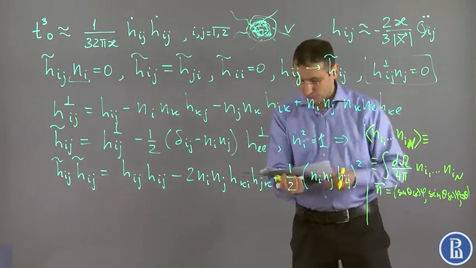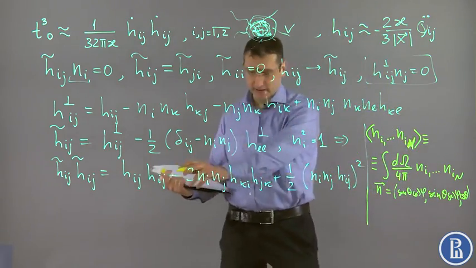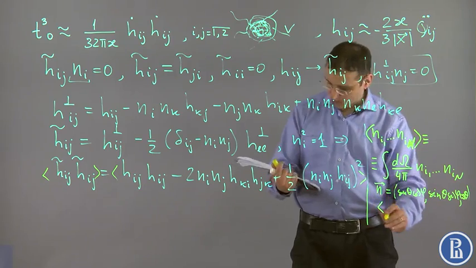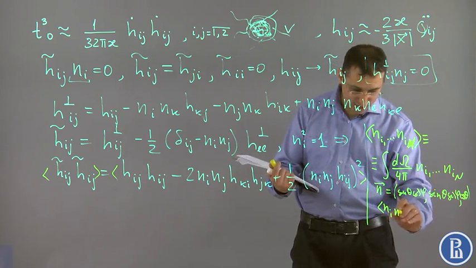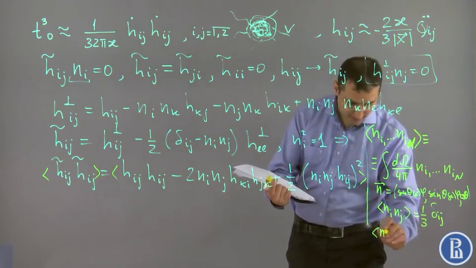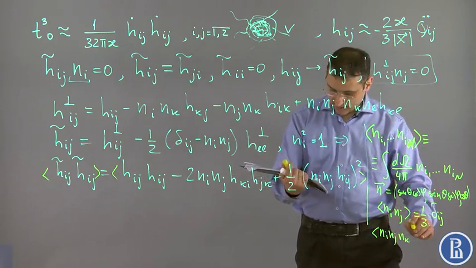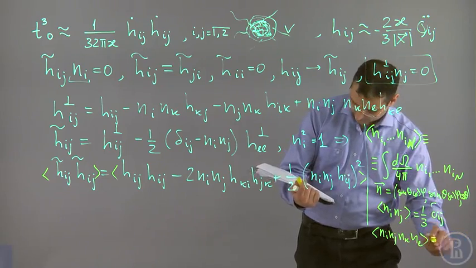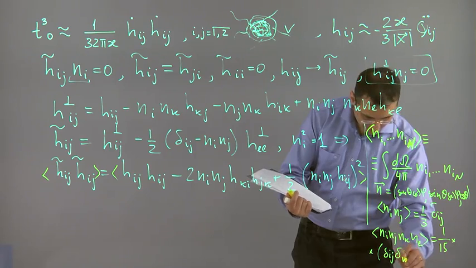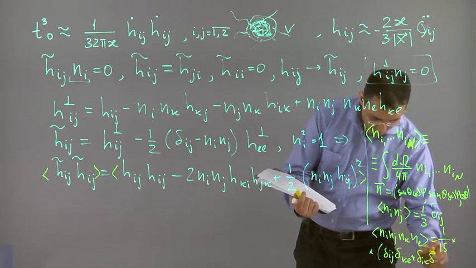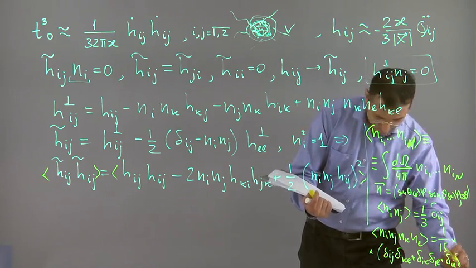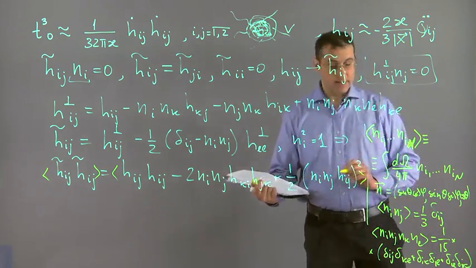Well, the result of this calculation, to take the average over all directions of n, we have to bear in mind that the result of the averaging for n_i n_j is just 1/3 of delta_ij, and the average of n_i n_j n_k n_l is 1/15 times (delta_ij delta_kl plus delta_ik delta_jl plus delta_il delta_jk).